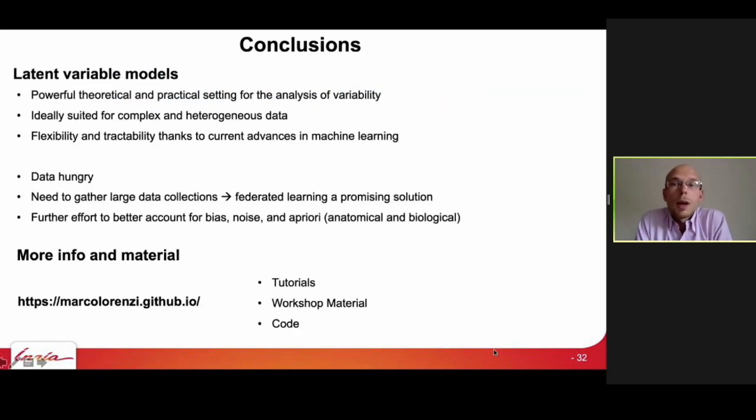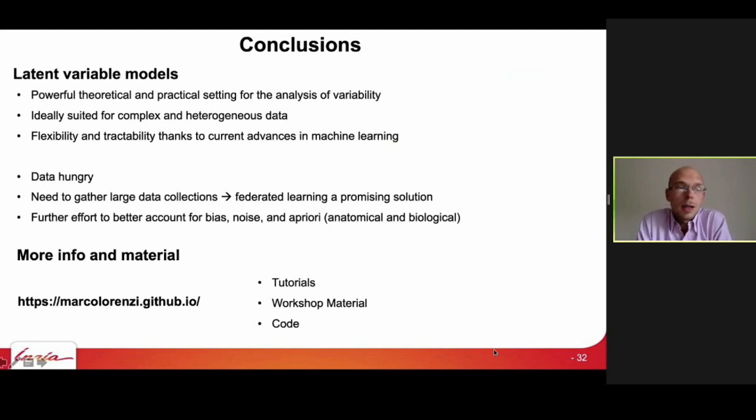So to conclude, I hope I convinced you that latent variable models provide a powerful theoretical setup, and are also very powerful tools for analyzing variability in heterogeneous and complex data.